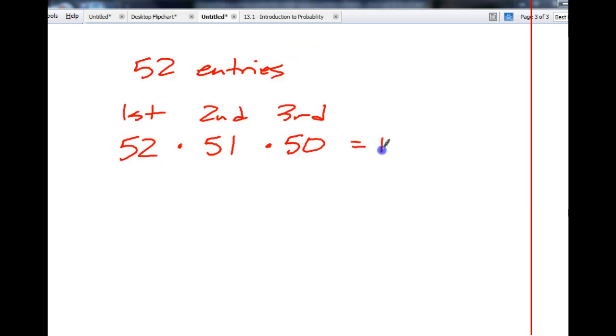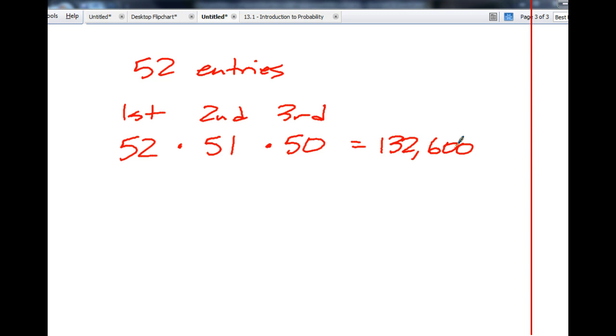Okay. 132,600 ways. So 52 people enter this, and there are 132,600 different ways we could get first, second, and third. Okay, so that's a lot of choices there.